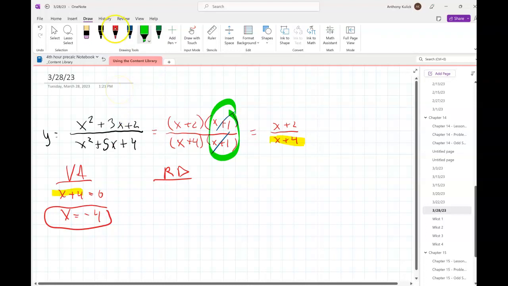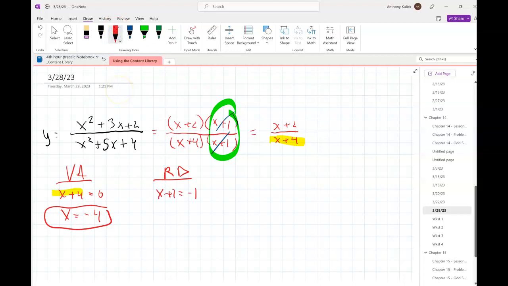The one that was removed, we set equal to 0. And then if I want the location of that hole, I have the x-coordinate. How do I get the y-coordinate for the location of that hole?